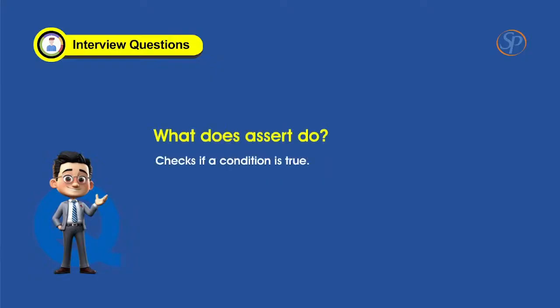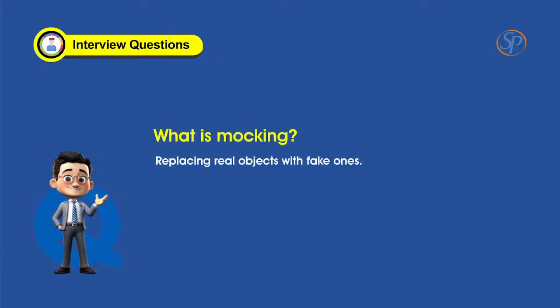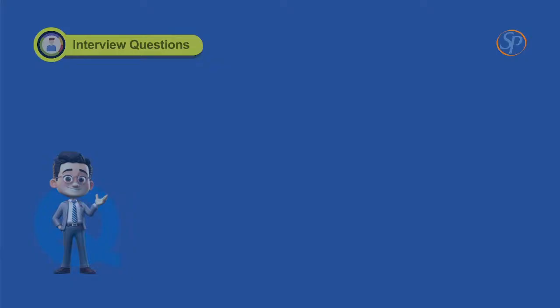What does assert do? Checks if a condition is true. Why use PyTest? It is simple and also powerful. What is mocking? Replacing real objects with fake ones for testing. What is code coverage? Percentage of code that is tested.